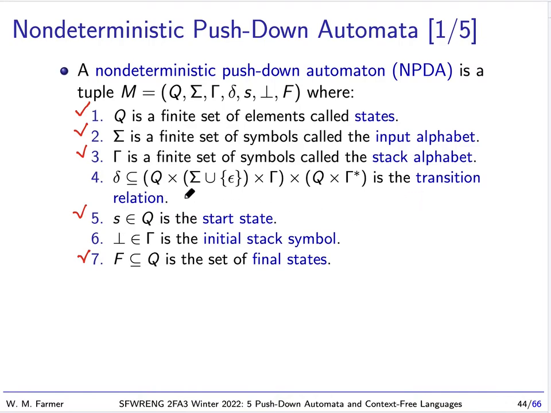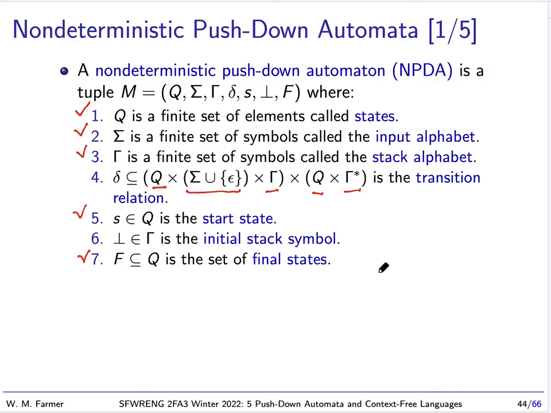So the transition relation relates a triple, which is a state, an input symbol, or the empty string symbol, a stack symbol, and it relates that triple to a pair of a state and a string of stack alphabet symbols.